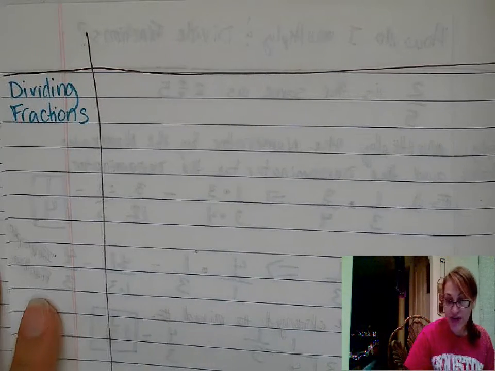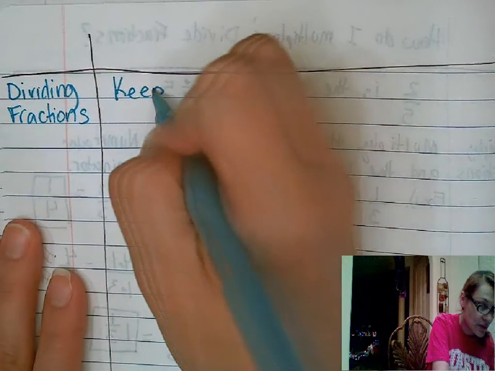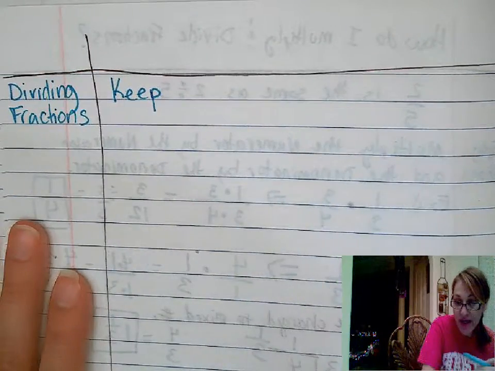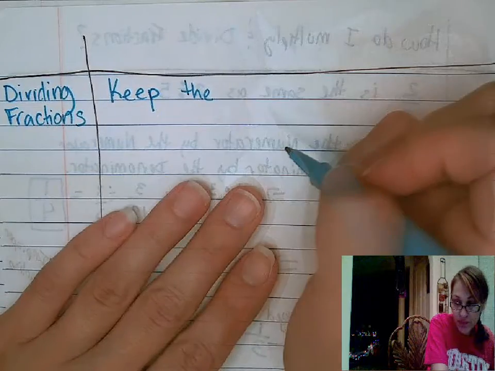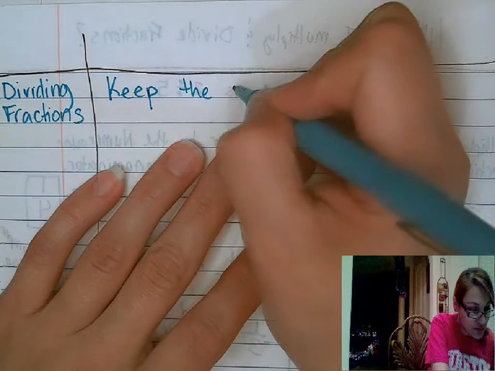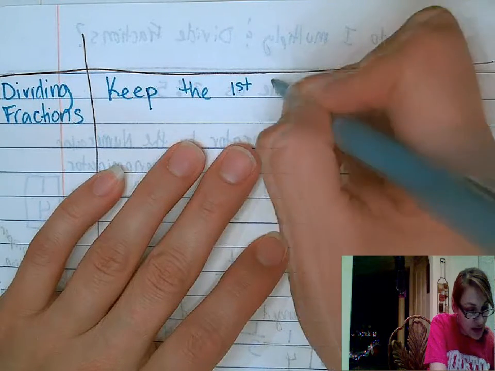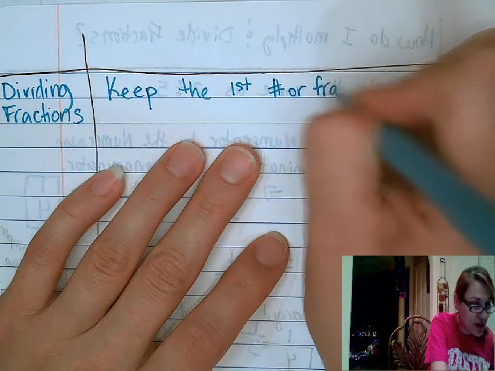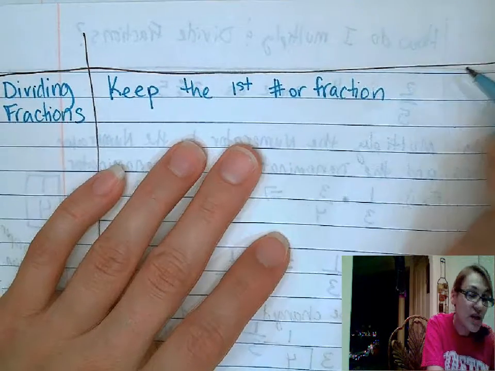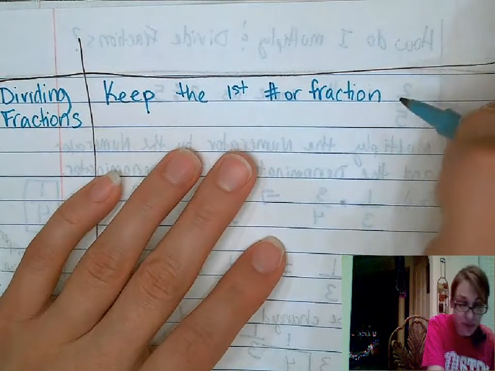So whenever we divide fractions, you're going to keep the first number or fraction. I'm going to put number or fraction because your first could be a whole number. So you're going to keep the first number or the fraction.